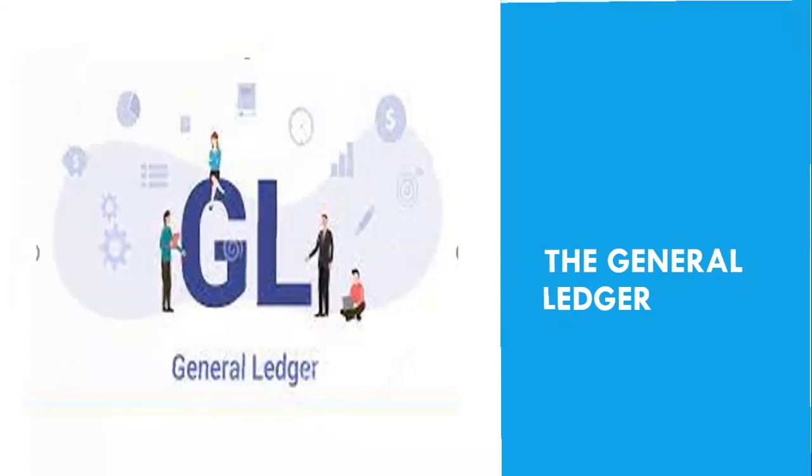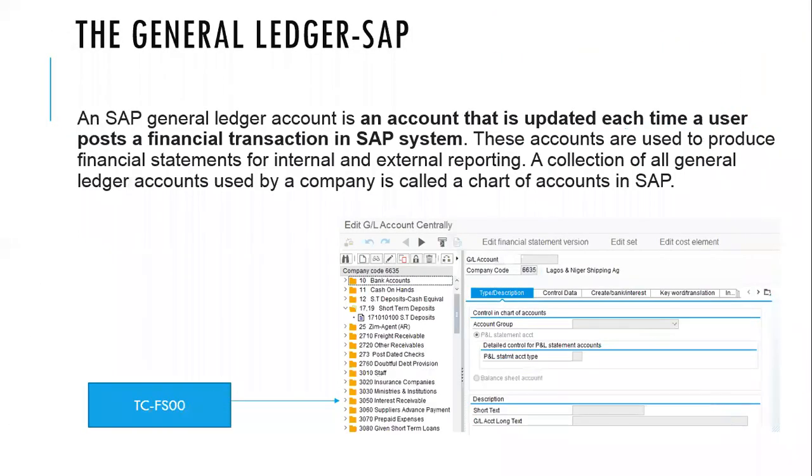So let's look briefly into what general ledgers are. Because of the importance, we're going to take our time to explain what the general ledger is in the first part of this class, and see how we can relate that with SAP. An SAP general ledger account is an account that is updated each time a user posts a financial transaction in SAP.